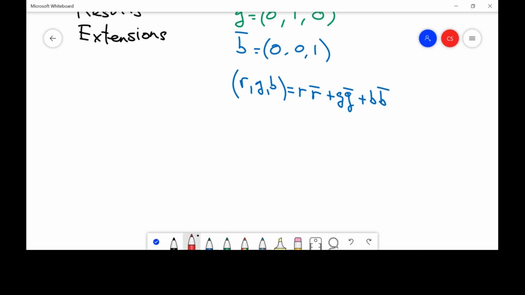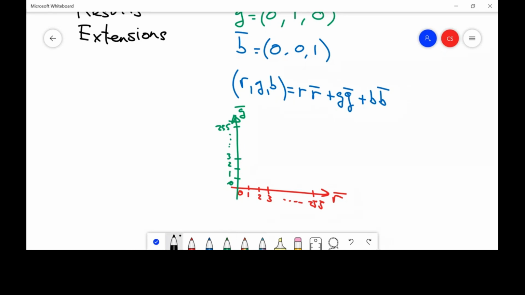Let's make R and G: this is the R direction, this is the G direction, and our colors are discretized with 8 bits. So I can go 0, 1, 2, 3, up to 255, and the same for the other axis: 0, 1, 2, 3, up to 255.